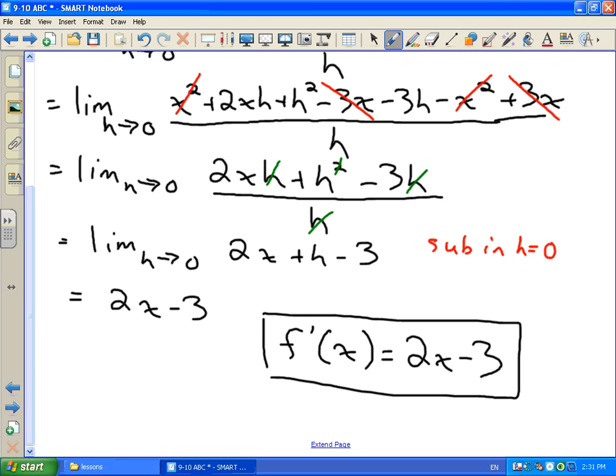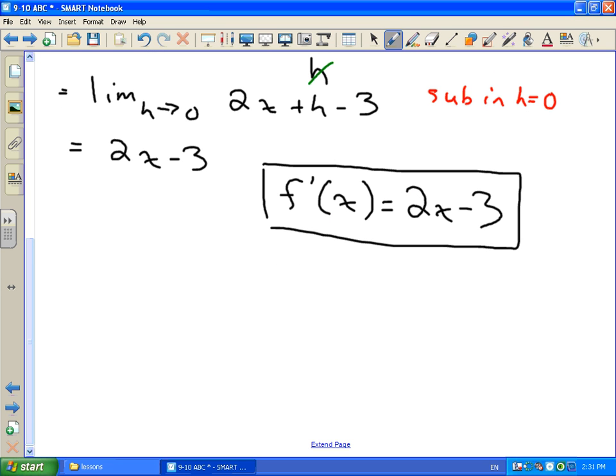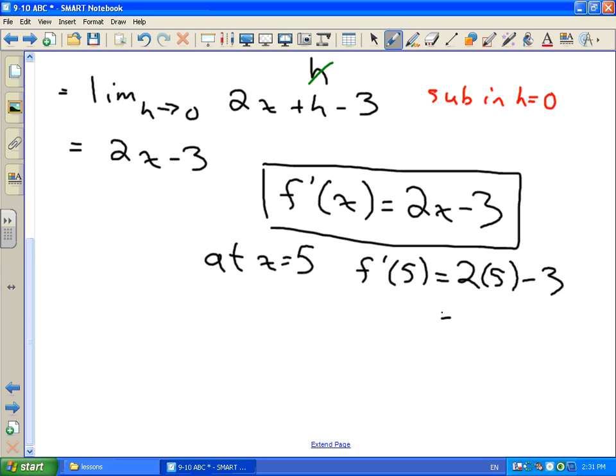And if the question gave me a specific value of x, let's say it said at x equals 5, I could find the value of this function at x equals 5 by just subbing that 5 in. So the slope of the tangent at x equals 5 would be 7. So that's how you get the derivative of a function from first principles.